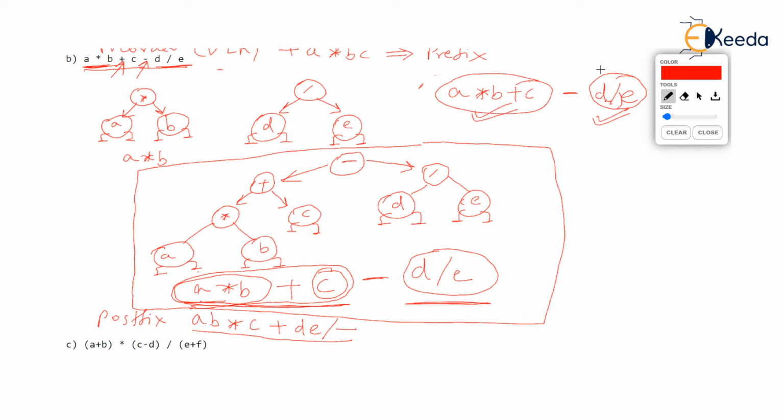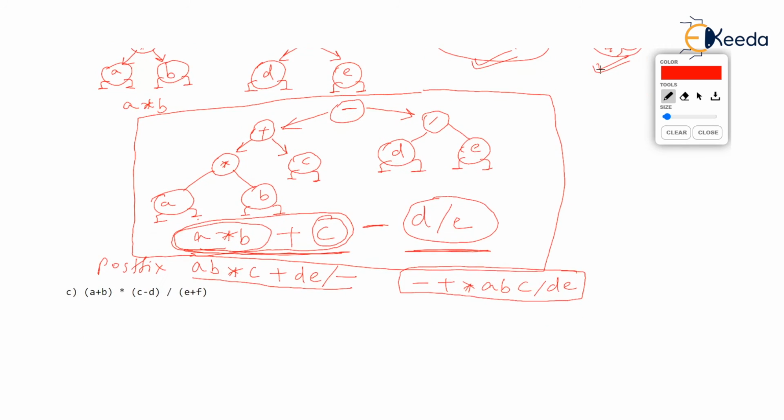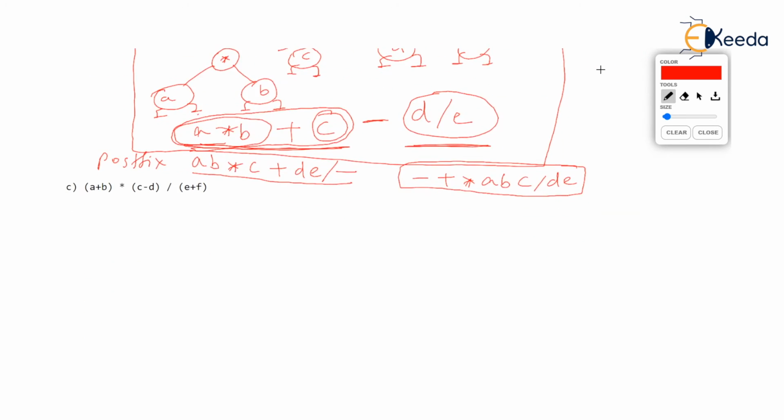And if you do pre-order, you will get minus plus star A, B, C slash D, E, which is nothing but prefix notation of the given infix. All right, let us take one more example before we shut down this video.